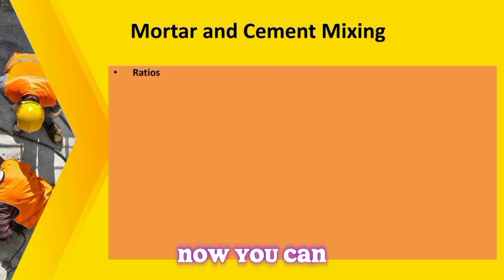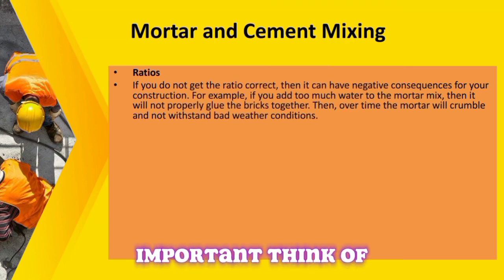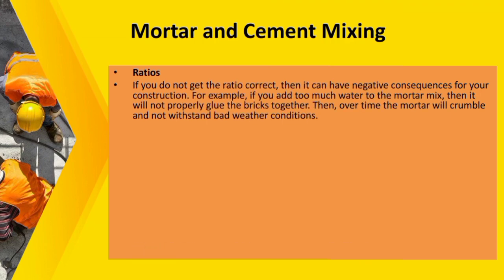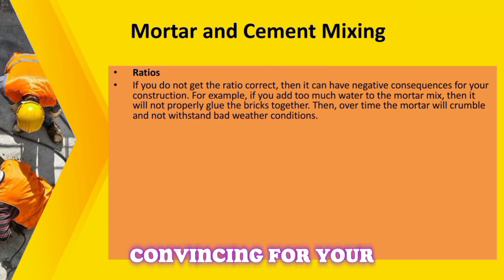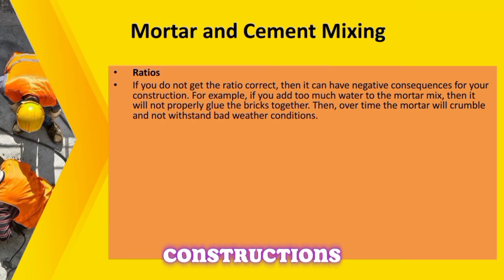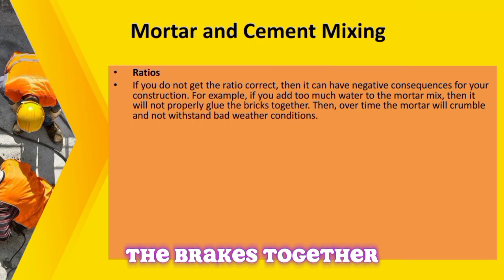Now you can see the ratio. The ratio is the most important thing in concrete mixing. If you do not get the ratio correct, it will have negative consequences for your construction. For example, if you add too much water to the mortar mix, it will not properly glue the bricks together.